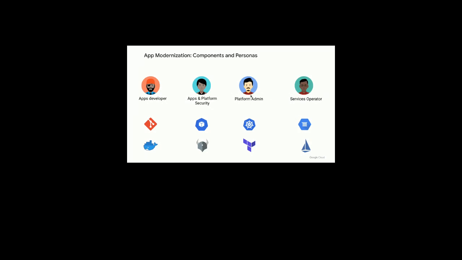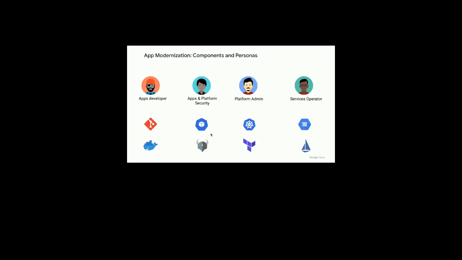The third persona we see is platform admin. Platform admins are people who will write Terraform code, create the infrastructure, and maintain the infrastructure. And app and platform security are people who will more write policies, and think about how we secure our environments and how we access APIs.